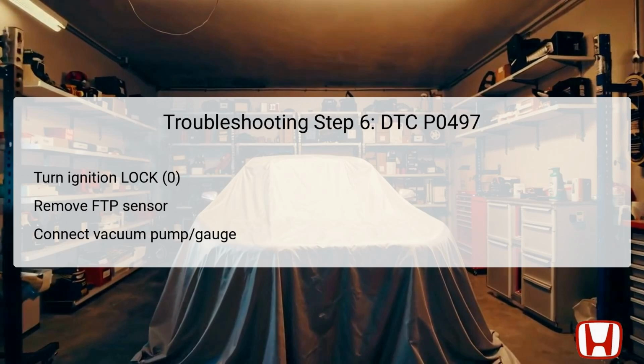Check the reading from the FTP sensor in the HDS data list and slowly apply vacuum, approximately 1.3 kilopascals or 0.4 inches per second to the hose. Observe if the value changes in the HDS. A change indicates that the FTP sensor is functioning correctly, while no change signifies that the sensor requires replacement.